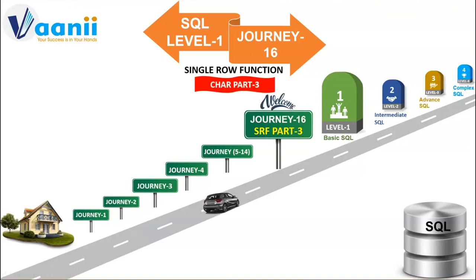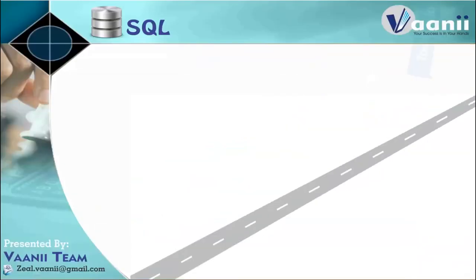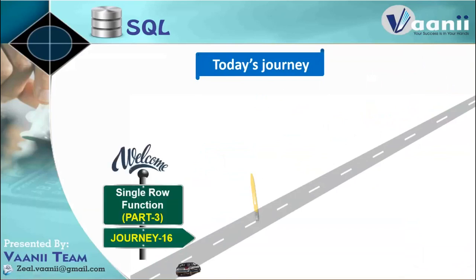So this is the single row function part 3, where I'm going to teach you guys PAD functions. First of all, we need to know what is padding. For example, if in a bus there are 50 seats and there are only 30 passengers, then 20 seats are just vacant.